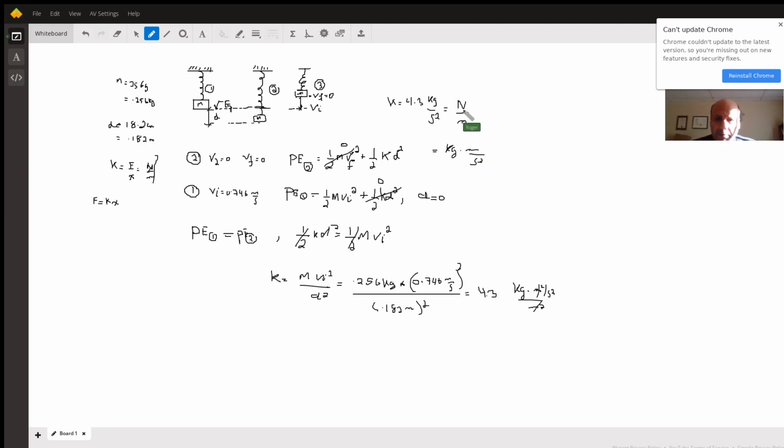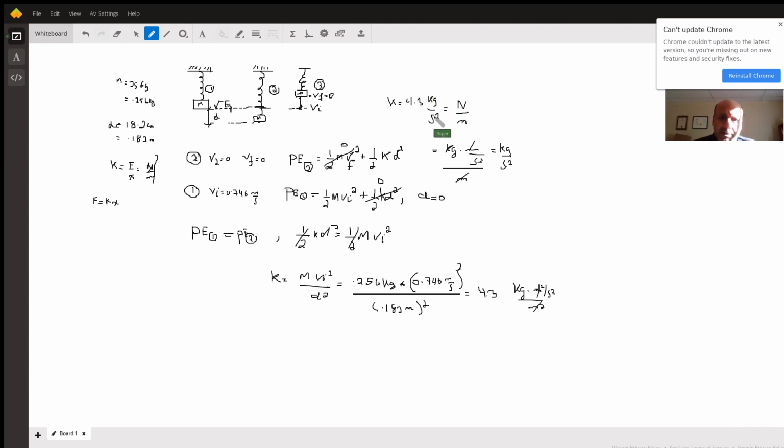So force in Newton is kilogram times meter per second squared, divided by meter. Meter and meter cancel out, and you get kilogram per second squared. So Newton per meter is also equal to kilogram per second squared.